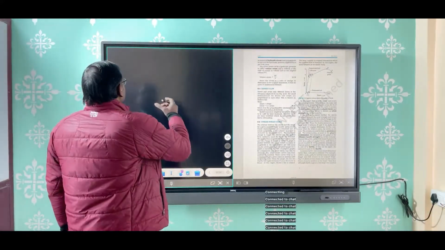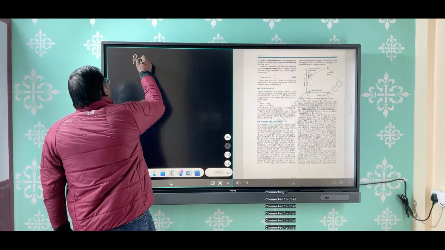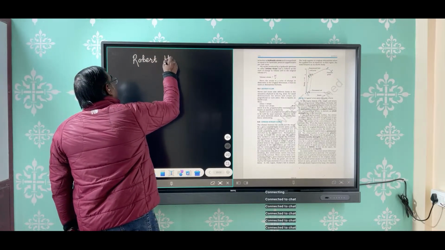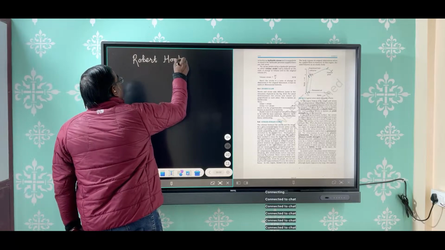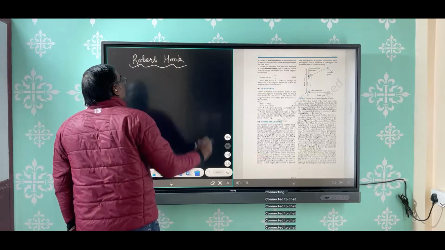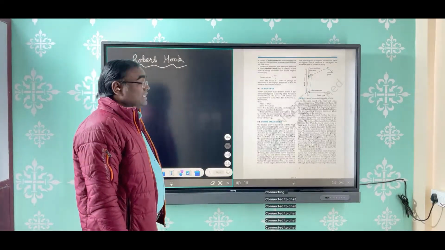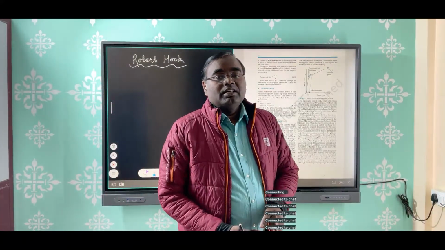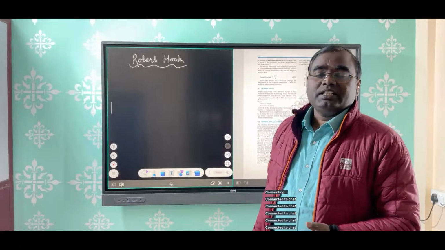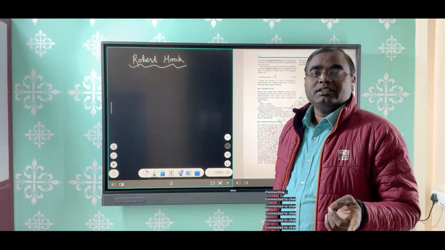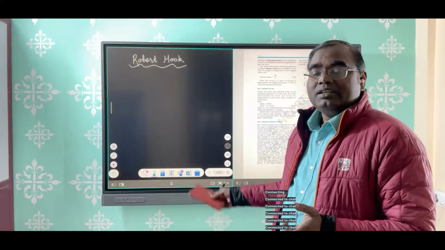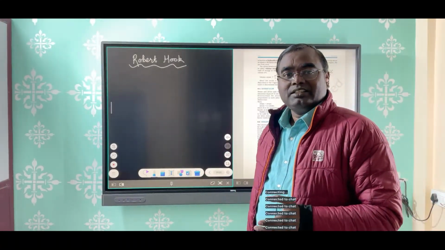So here, Hooke's law. Robert Hooke is a famous scientist who worked in different areas, whether astronomy, geometry or biology, and in our case, in physics, he is remembered for elasticity.